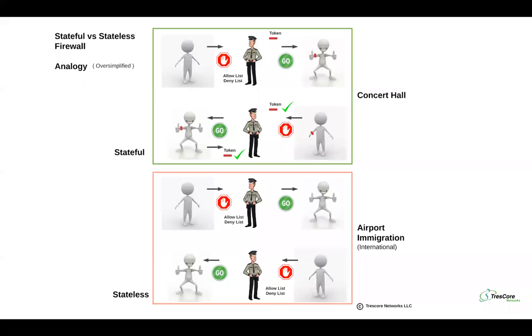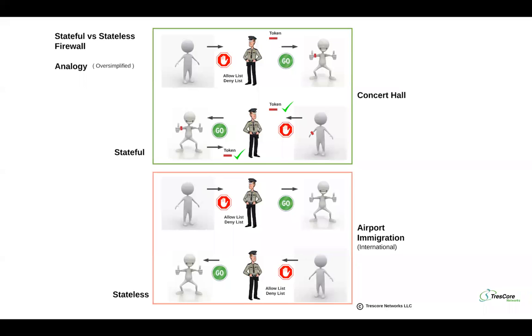Whereas in a stateless firewall, think of this as airport immigration, specifically international travel, right? If you are going out of the country, there's an immigration counter, they check you. And then when you're coming back, again, they check you, right? So similar to that, in a stateless firewall, you are inspected for whether you're allowed or not every time you go out and come back in.